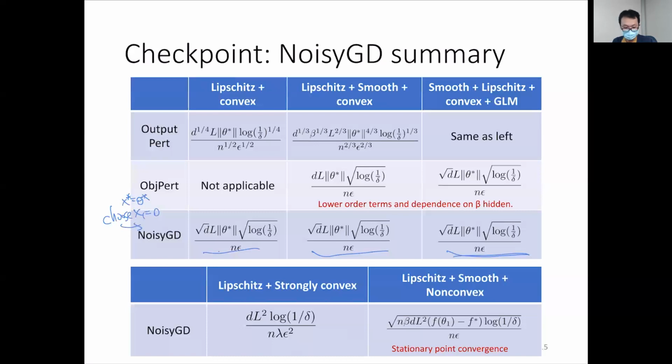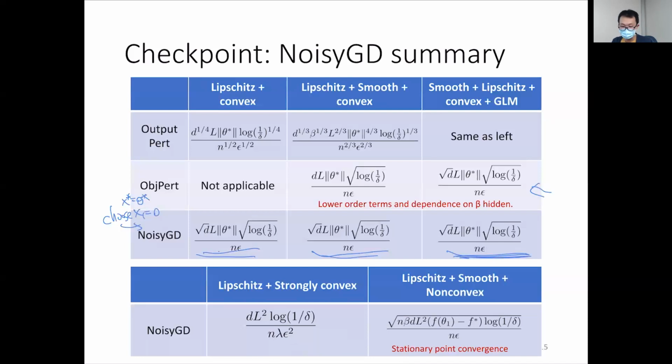You can see that instead of having 1 over epsilon, now you get 1 over epsilon times n, which is just a scaling issue, so that all the bounds are comparable to each other. We can see that all these results are the same as that of the generalized linear model coming from objective perturbation.